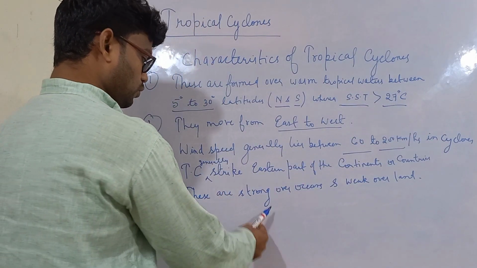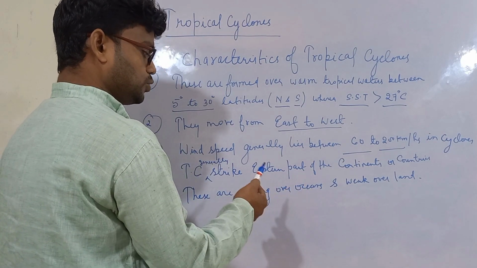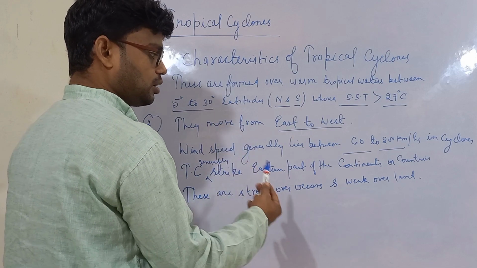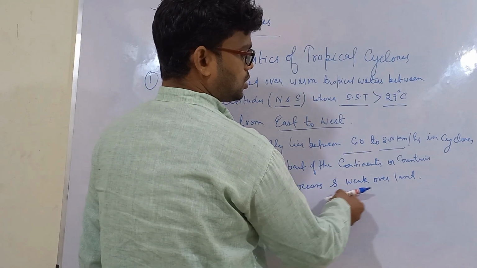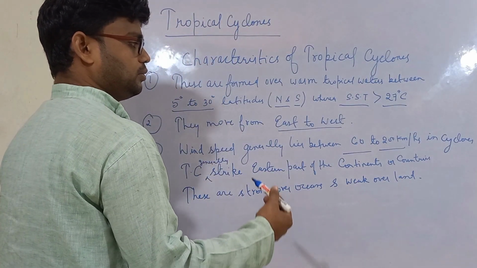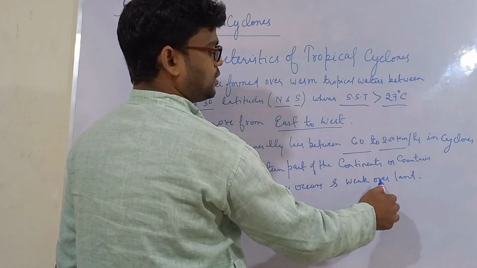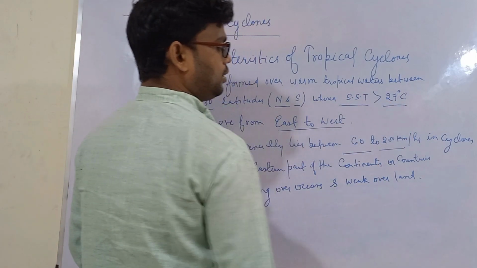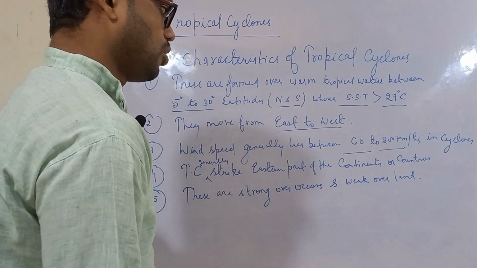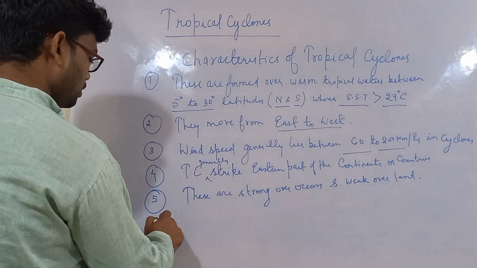So when these tropical cyclones remain over the ocean, there is a continuous supply of energy to them, and they are strong there. When these tropical cyclones strike the land portion, they lose all their energy there, and due to unavailability of the warm ocean surface, they become weak and end there on land. So this is the fifth characteristic.